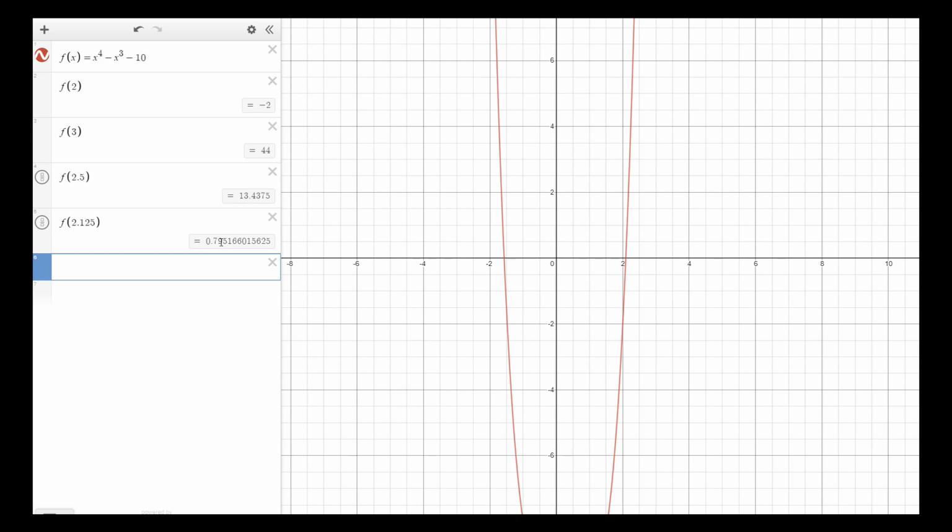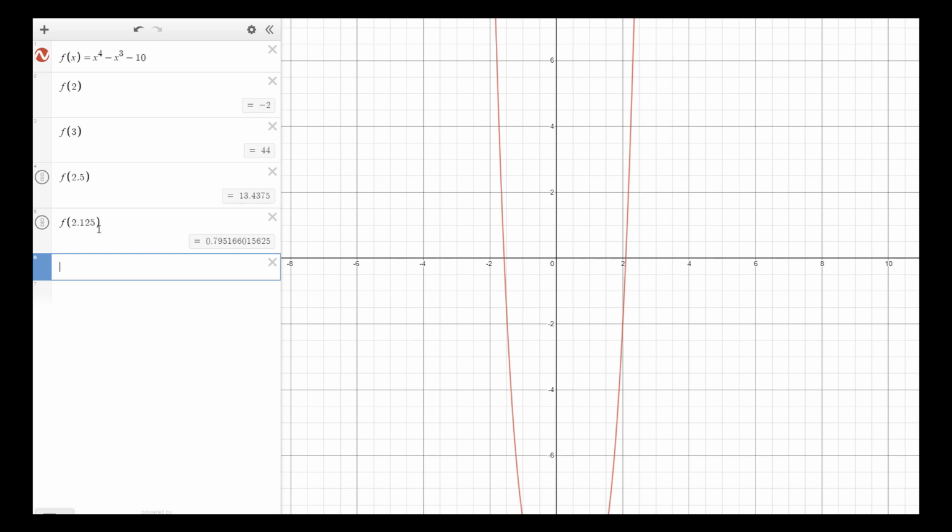So it's positive, so I want to compare that now between 2.125 and 2. Somewhere between those two would be our 0, because again, that one takes on a negative sign, this one takes on a positive sign, and we're getting closer and closer to 0 with our values.